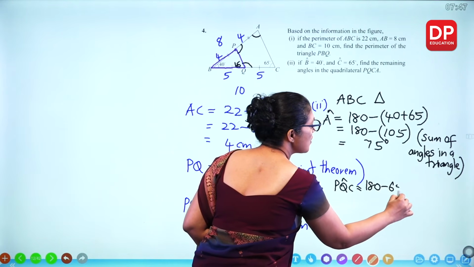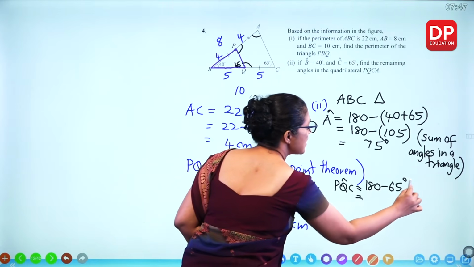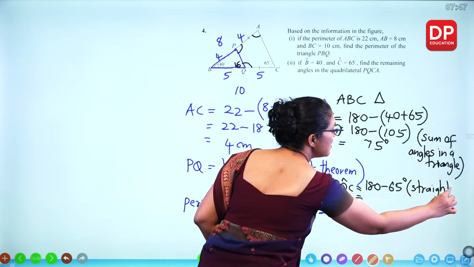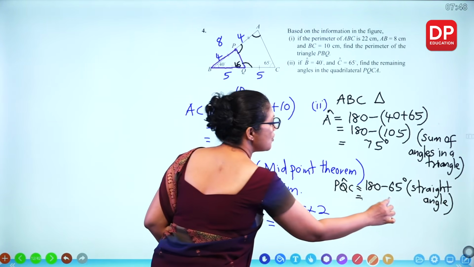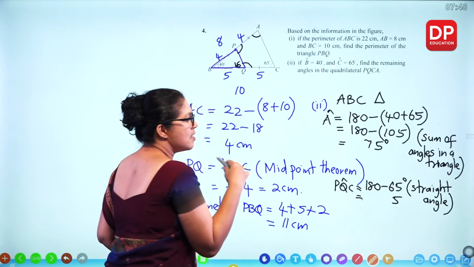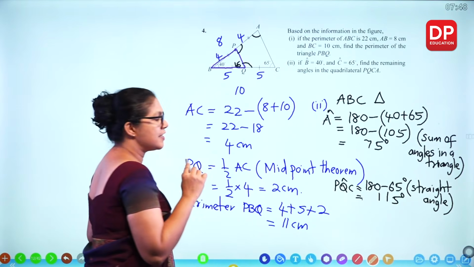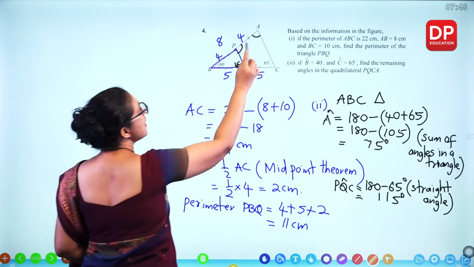So straight away you can write down 180 minus 65 because that's a straight angle. So what's the value? You get 5, 1 remaining 7, 1. So 115 degrees for Q angle. So this is okay and this is okay.